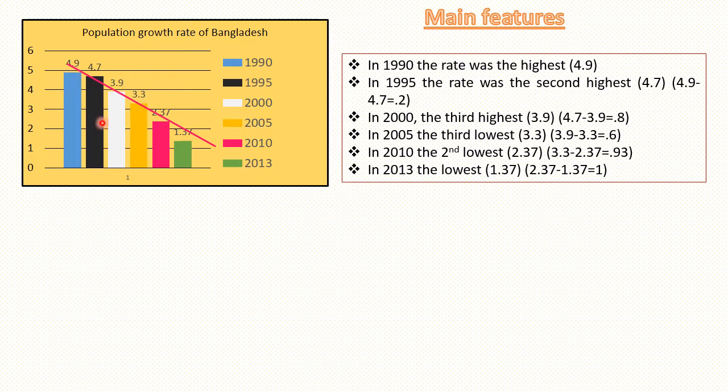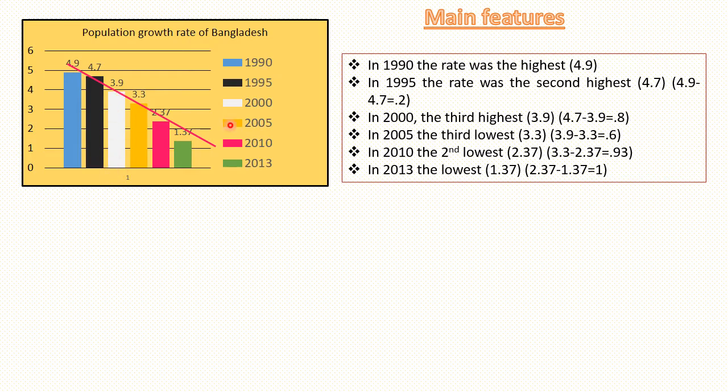This black bar shows the population growth rate in 1995, and that year the growth rate of population was 4.7%, and this is 0.2% less than the rate in 1990.